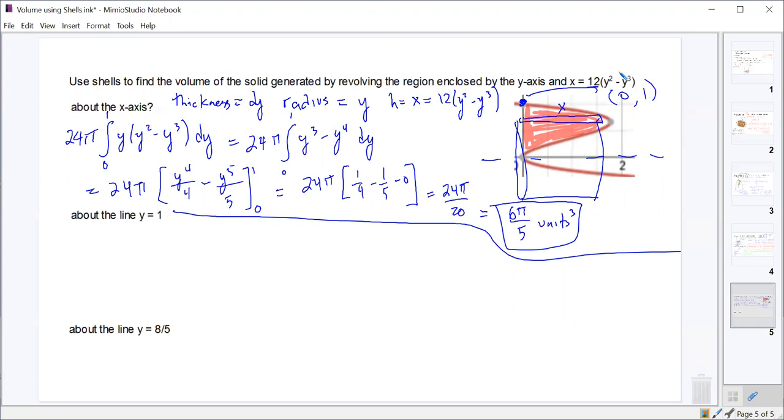All right. Now, what if we were to revolve this around the line y equals 1? Would the thickness change? No. Would the radius change?